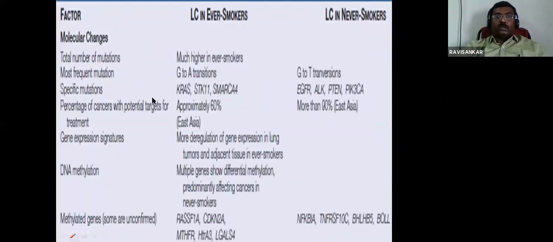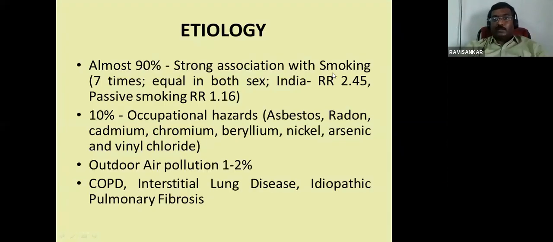Coming to etiology, almost 90% of lung cancers have a strong association with smoking. 10% of lung cancers occur due to occupational hazards, particularly related to asbestos, radon, cadmium, chromium, beryllium, nickel, arsenic, and vinyl chloride. Outdoor air pollution causes 1 to 2% of lung cancers.